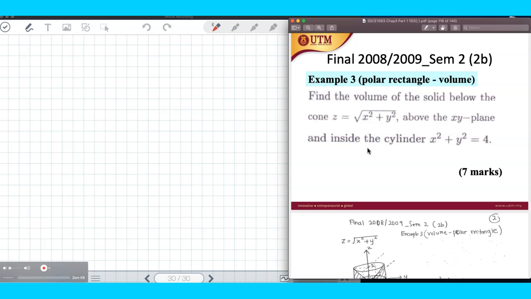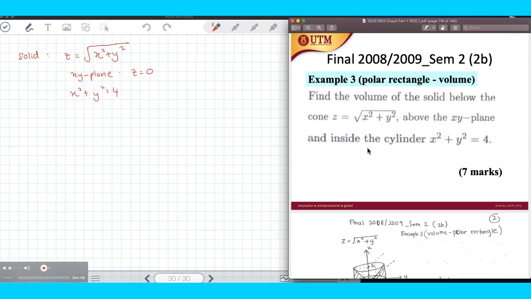Firstly, you have to know the solid. In this case your solid is part of the cone, z equal to square root of x squared plus y squared, and then you have the xy plane, meaning z equal to 0. And then we have the cylinder, x squared plus y squared equal to 4.